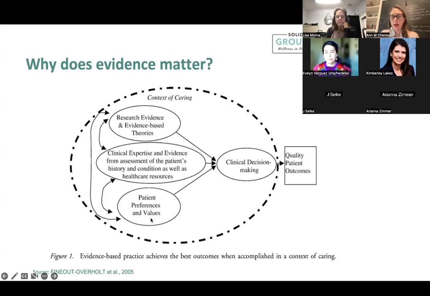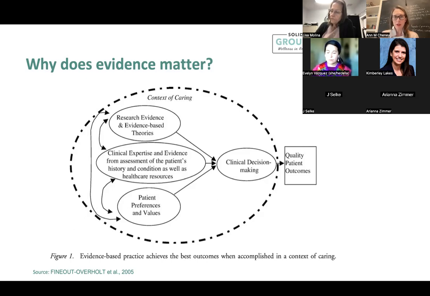Here we can see that it's important to consider how patients have informed evidence. So how have their preferences and their values been part of the creation of evidence? How has clinical expertise and evidence from assessment of the patient's history and conditions, as well as healthcare resources, been factored in to the creation of evidence? And then how is research, which when we think of research, we're thinking specifically of a systematic investigation in which the goal is to contribute to generalizable knowledge.